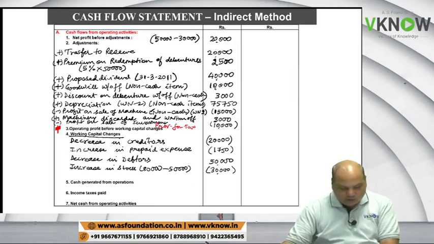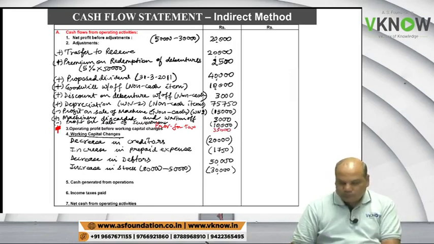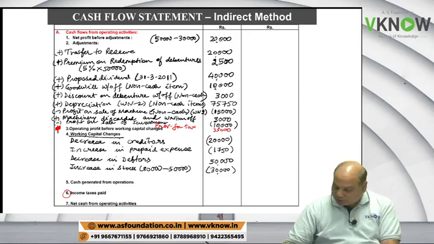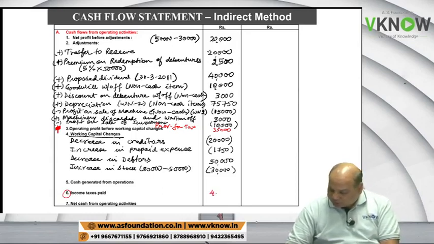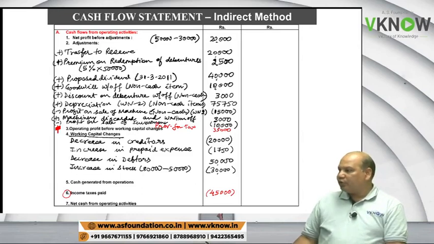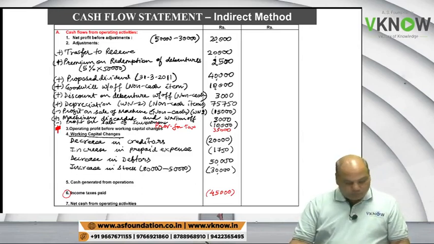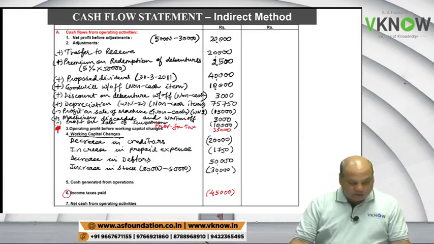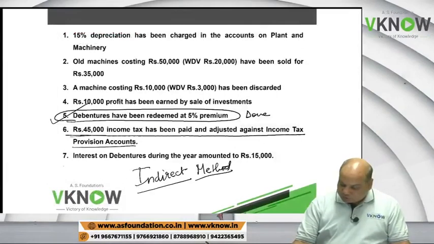Provision for taxation, add back 35,000, and below point number 6, less tax paid, actual tax paid, in bracket in first column 45,000. So this completes my adjustment number 6 also.